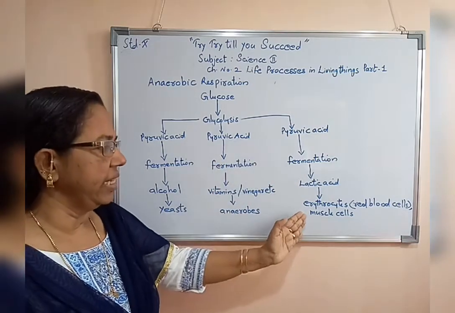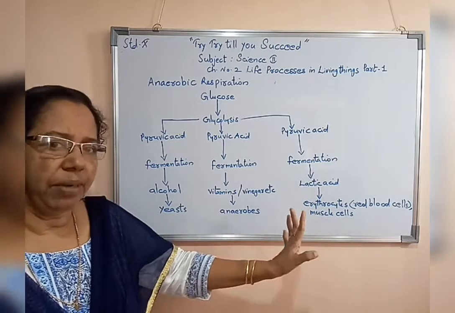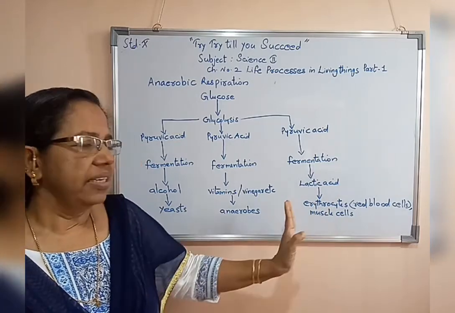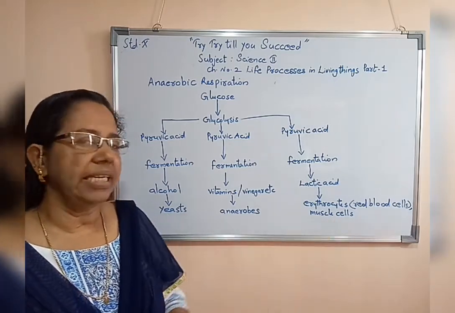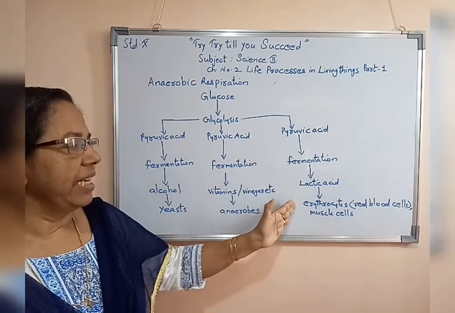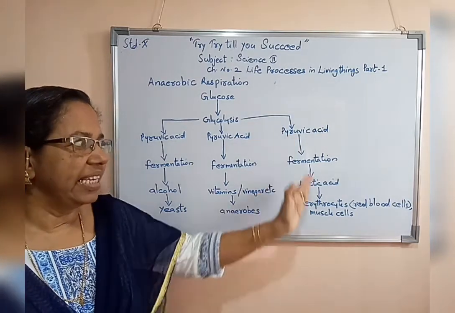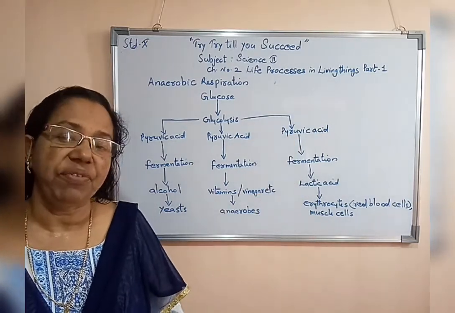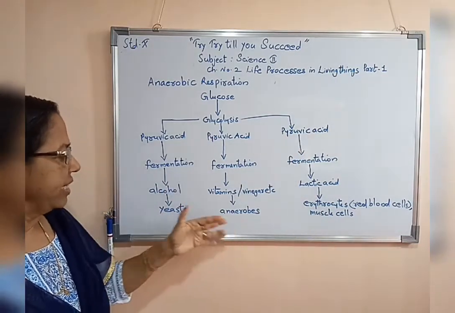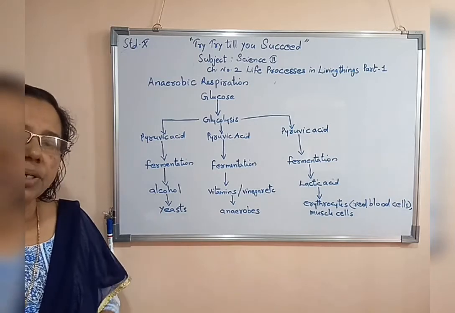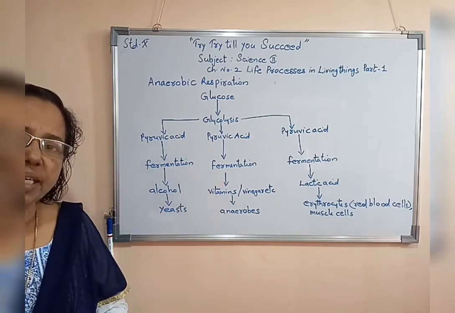Then it is done by higher group of animals like human beings in the erythrocytes or red blood cells, as well as in our muscle cells, where anaerobic respiration takes place. As a result of exercise, when we exercise, that time this process takes place. Then in microorganisms, yeast, normally during fermentation time in their body, anaerobic respiration takes place.